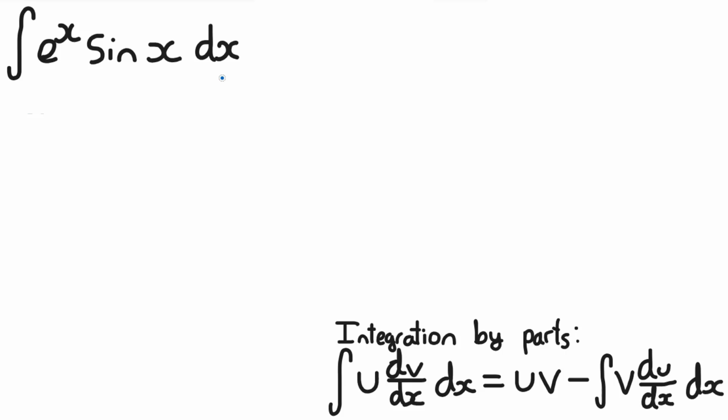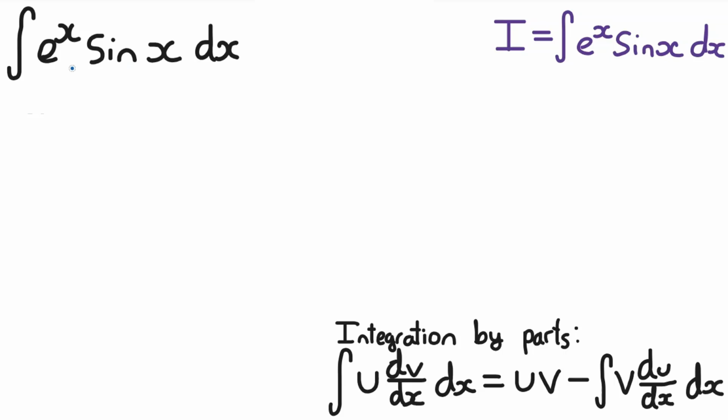One particular thing you have to do with this example is, so the integral is e to the power of x sin x dx, and what we're going to do is say that capital I is equal to this. So capital I is equal to the integral of e to the power of x sin x dx, and as we go through this method you'll see why we need to label it like this.